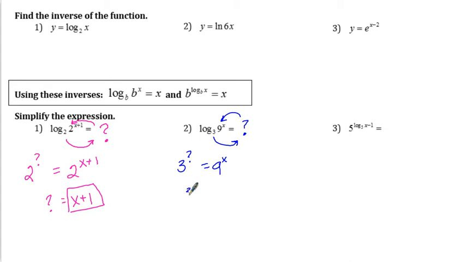So we could rewrite this as, instead of 9 to the x, we could make this 3 to the 2x. In which case, the question mark, the answer to this question, must be 2x. Okay? So make sure you do have the same base before you answer these questions. Notice that has to be true here for your memorization as well. So make sure you convert to the same base before you answer these questions.